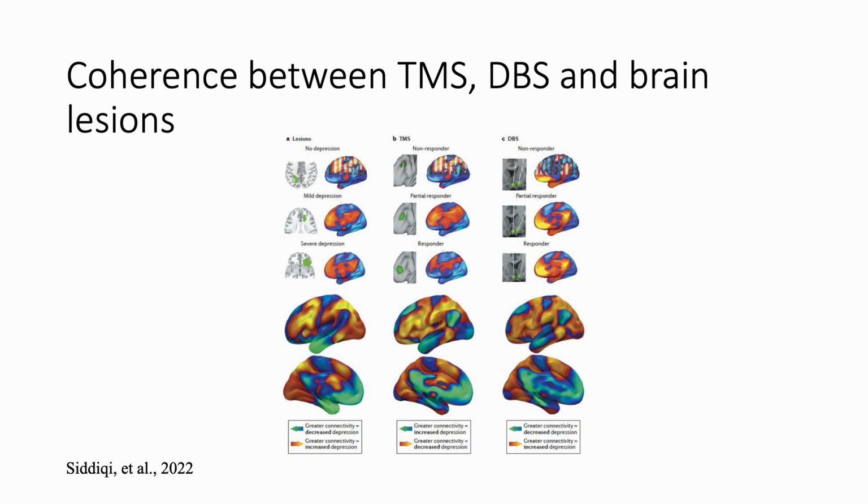In this study, the researcher hypothesized that better DBS, deep brain stimulation, targets can be identified depending on the connectivity of effective transcranial magnetic stimulation targets and vice versa. TMS sites that relieve depression and DBS sites that modify depression and lesions that cause depression were connected in the study through a common brain circuit.